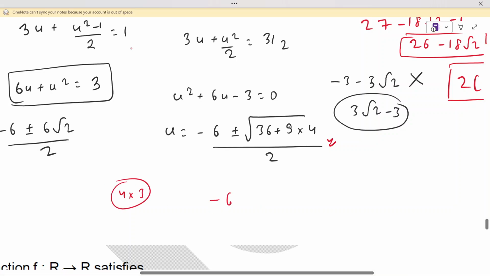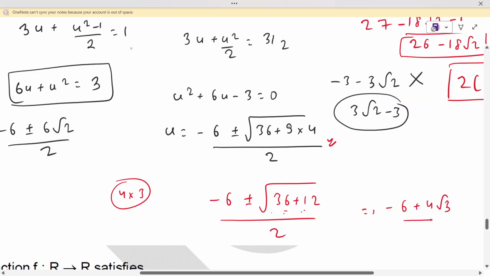So minus 6 plus minus the square root of 36 plus 12, by 2. That is 48. So minus 6 plus 4 root 3, by 2. So 2 root 3 minus 3, right?